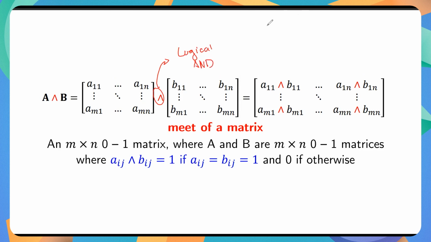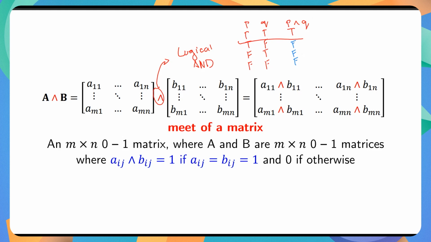If you remember from propositional logic, if you have two propositional variables and you take the AND together, then you will get true if both of them are true, and it will become false if one of them is not true or both of them are not true. That is how this would work in a meet of a matrix.